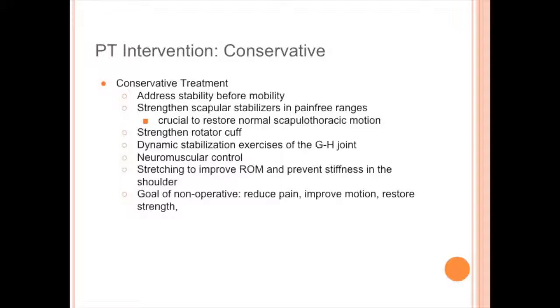You also want to strengthen the rotator cuff muscles that surround the scapula and shoulder, and dynamic stabilization exercises of the glenohumeral joint are necessary. There's also going to be some neuromuscular control, and then stretching to improve range of motion to prevent stiffness in the shoulder. The primary goal of non-operative treatment is to reduce the pain, improve motion, and restore strength of the patient.